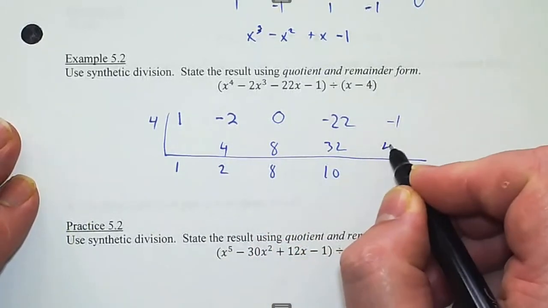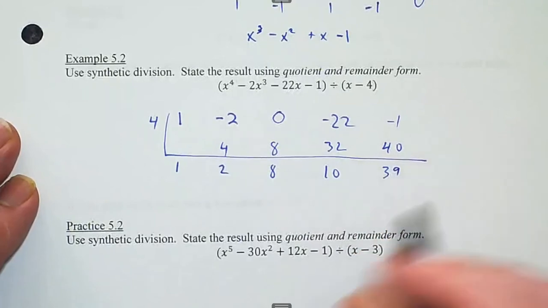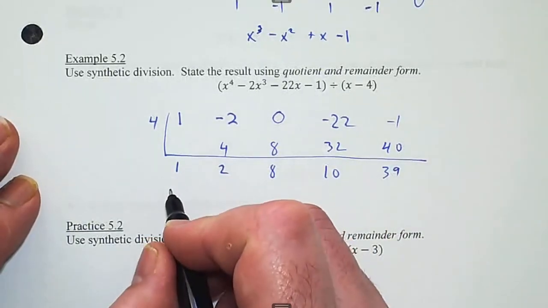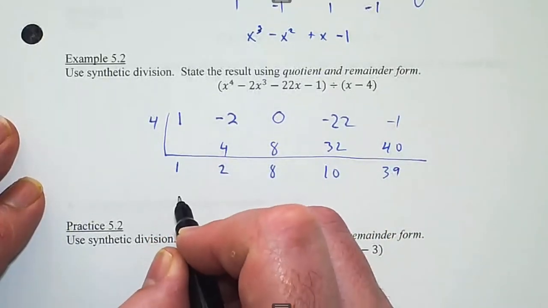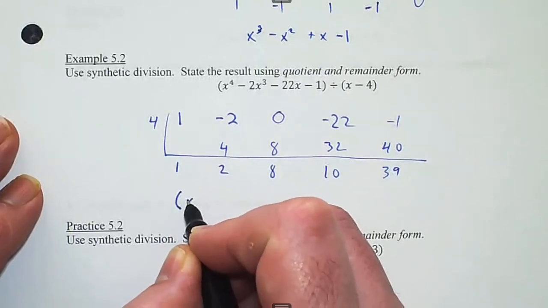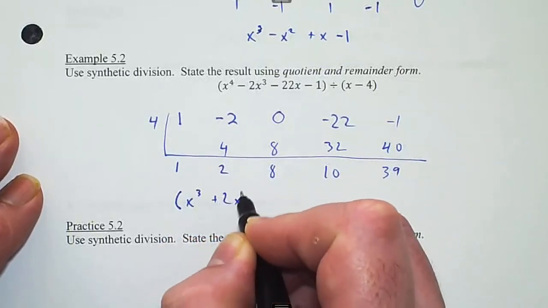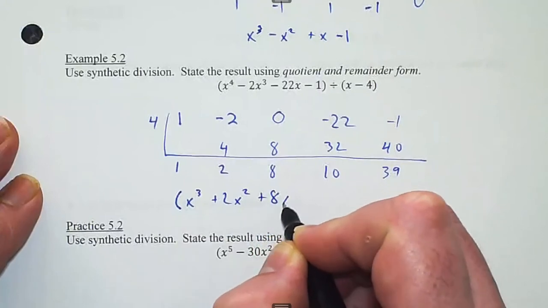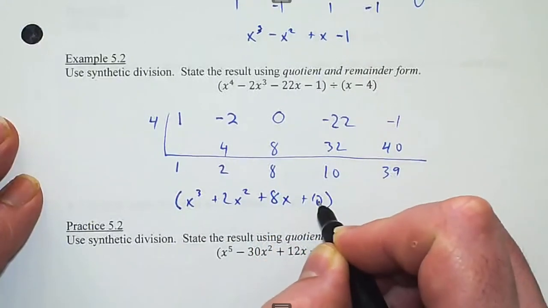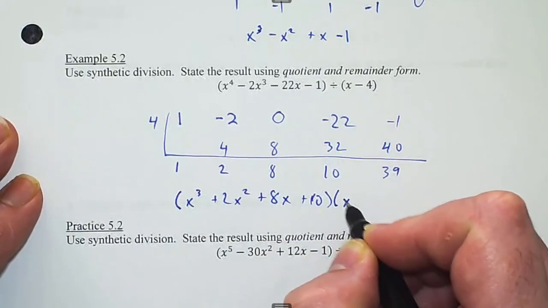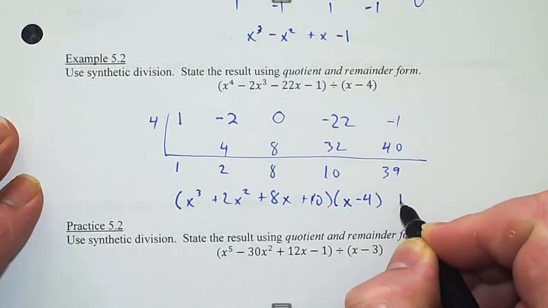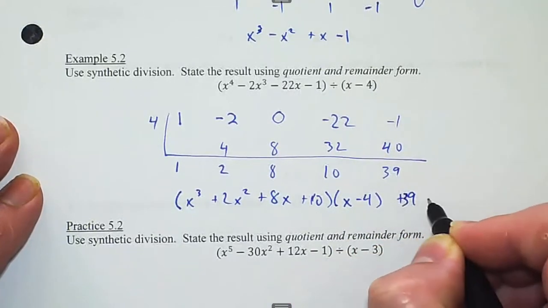10, 40, and 39. So our quotient and remainder form would be x cubed plus 2x squared plus 8x plus 10 times x minus 4 plus 39.